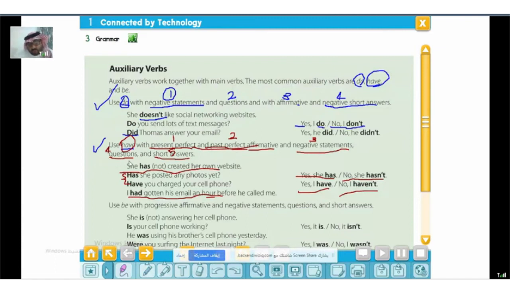Number four, with questions, and the last one with short answers. And we take examples.